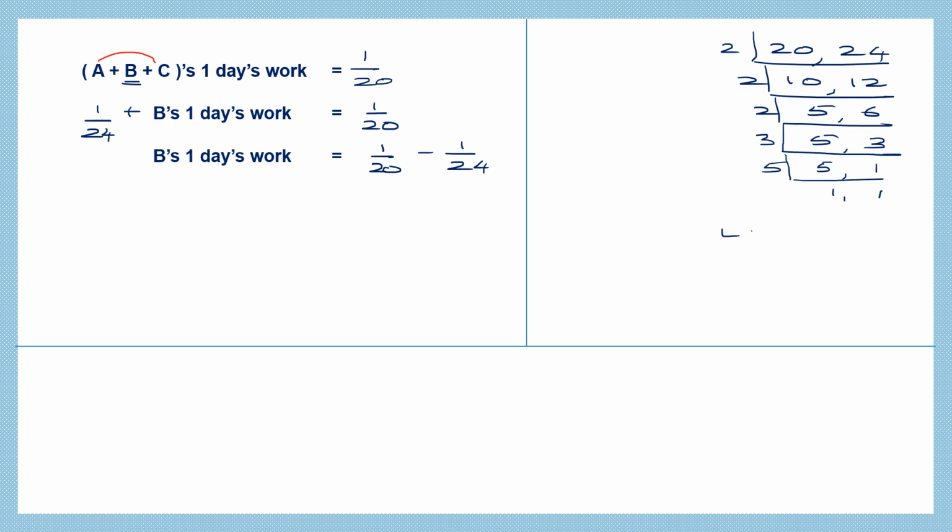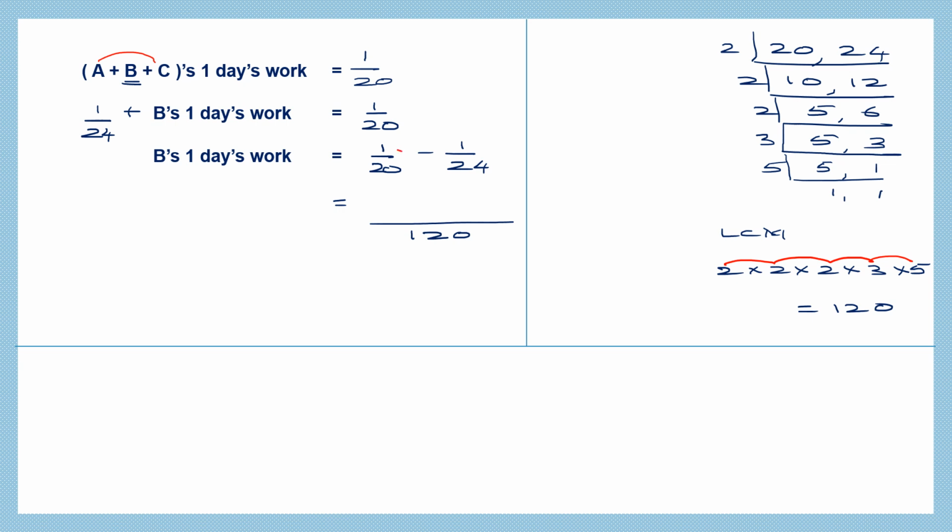So LCM will be 2 into 2 into 2 into 3 into 5. So 2 twos are 4, 4 twos are 8, 8 threes are 24, 24 into 5 is 120. So LCM is 120, which we are going to use as the common denominator here, 120.